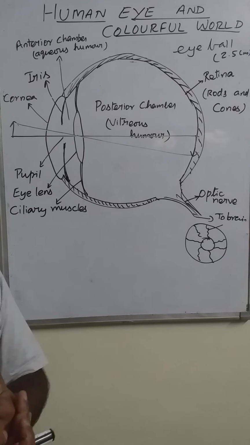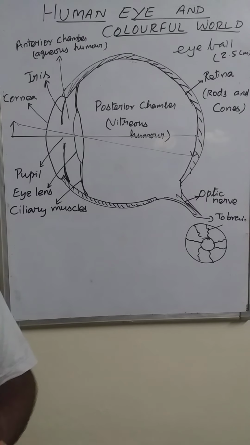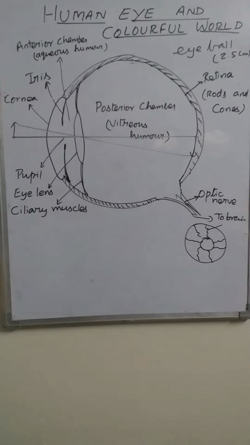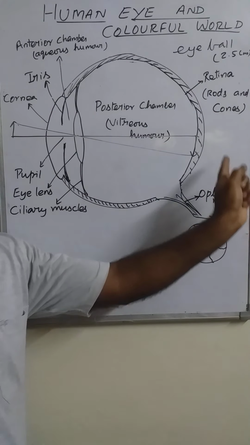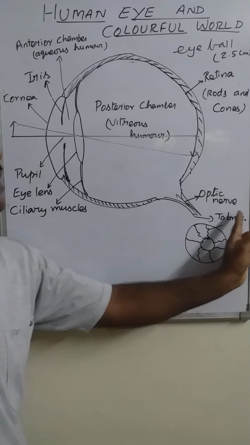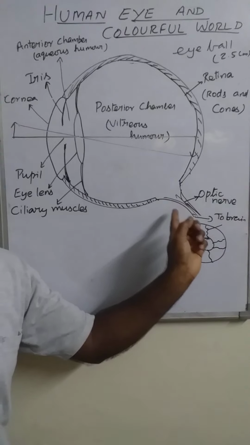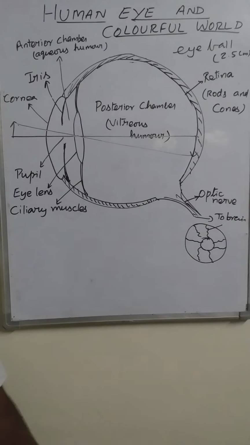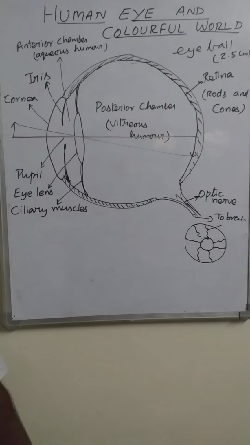In the optic nerves, that image is converted into electrical impulses. In the form of electrical impulses, the image is carried to the brain. The brain receives it and analyzes it.